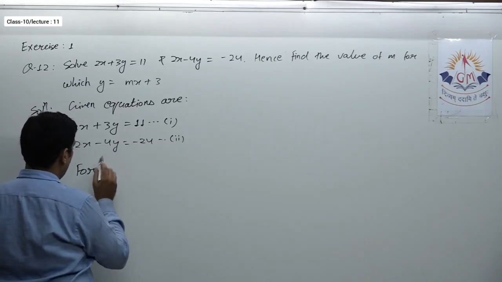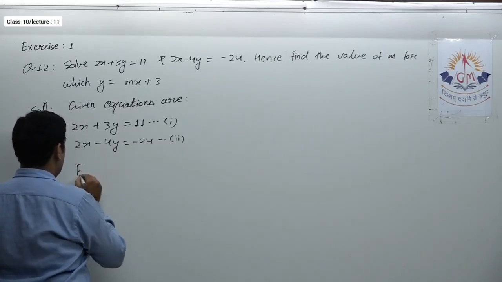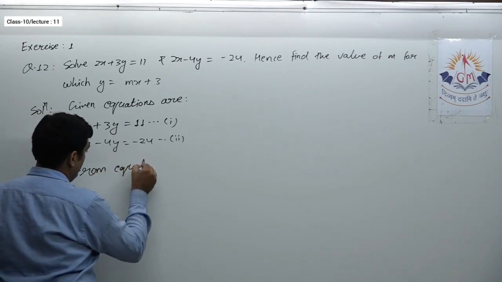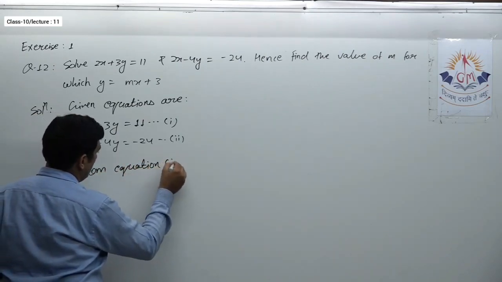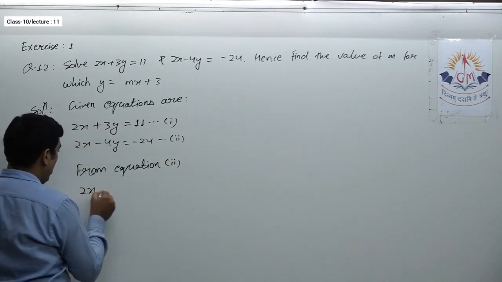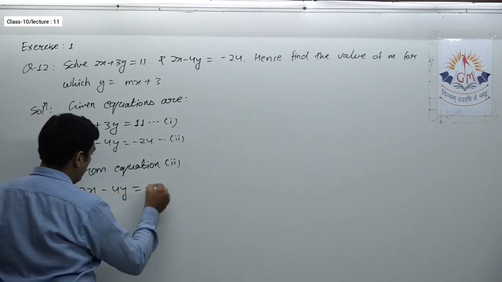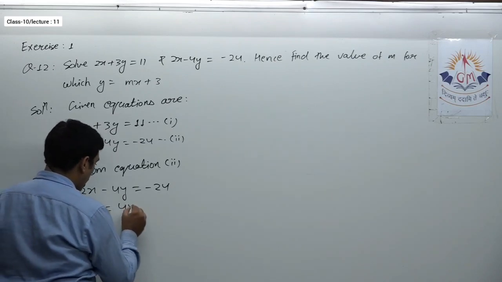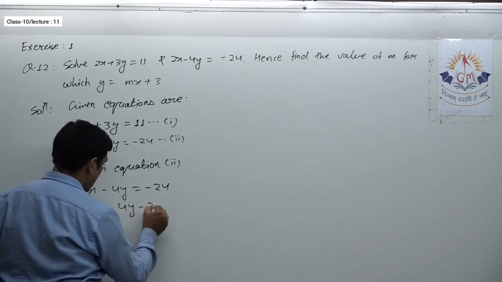So from equation 2, 2x minus 4y is equal to minus 24. So 2x is equal to 4y minus 24.